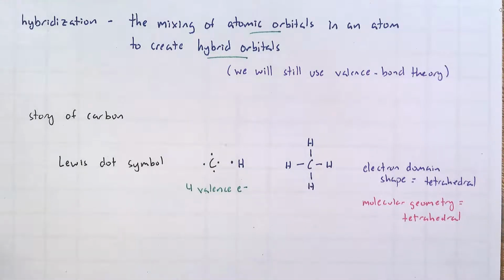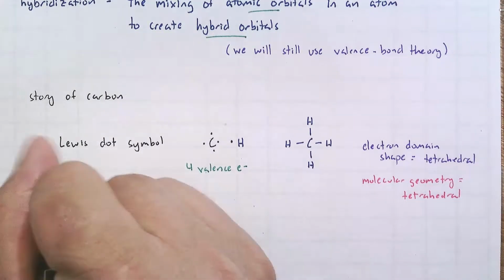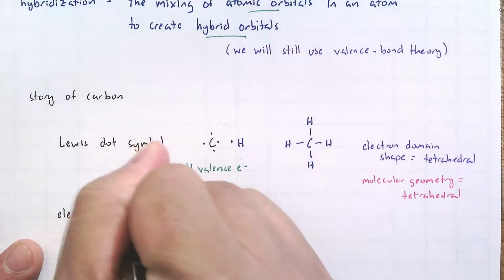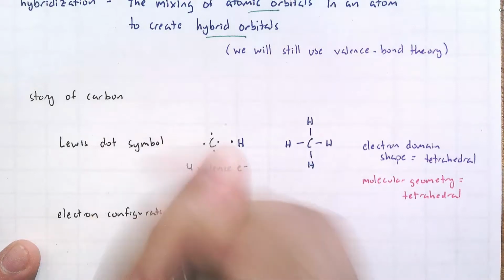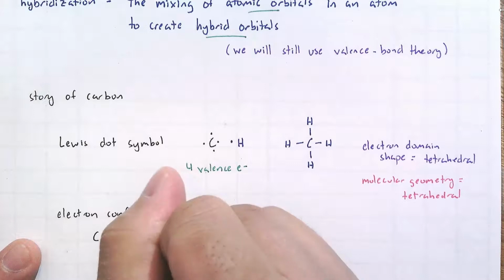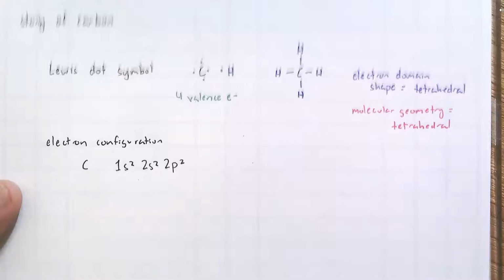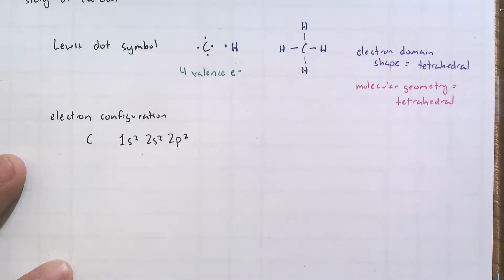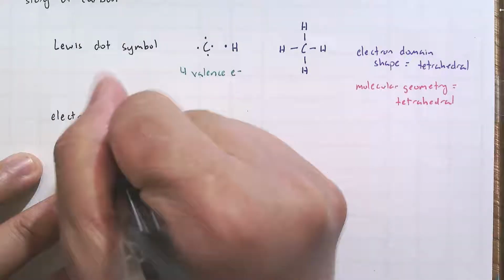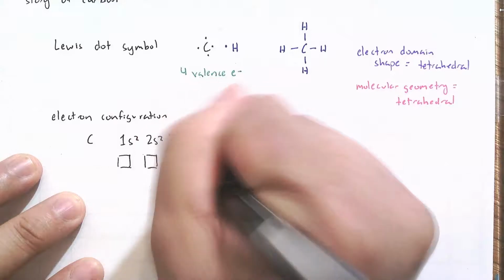Okay, but if we go back to electron configuration, we're going to run into a problem. For carbon, your electron configuration is 1s2, 2s2, 2p2. When you draw the box diagram, you have 1s, 2s, and the 3 2p orbitals.